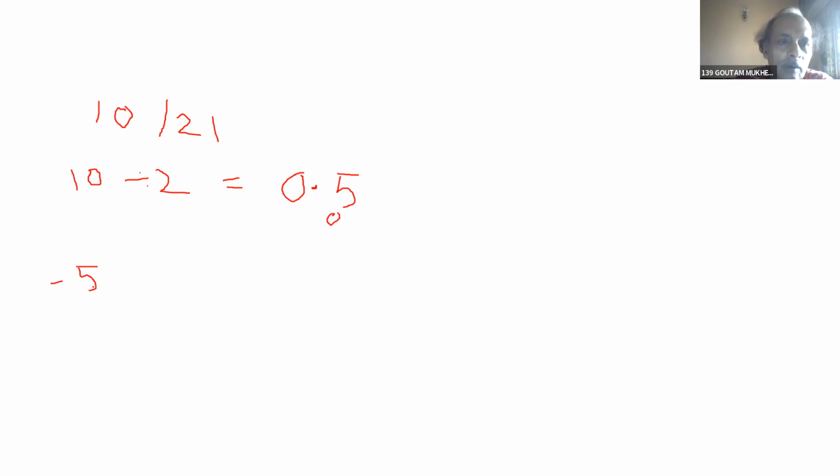See, on the number line, suppose this is 0. This is minus 1, minus 2, minus 3, minus 4, minus 5. Now, when I divide it, actually in case of positive, what did I do?